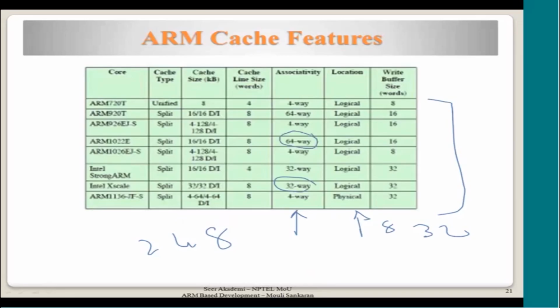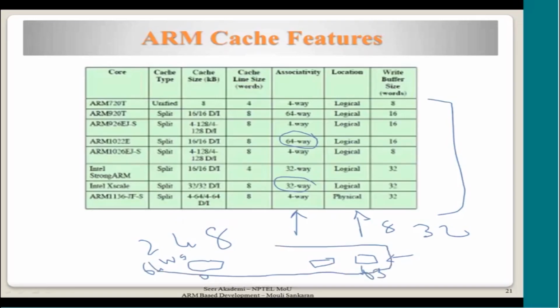That means what? Directly mapped to the cache, but inside that it could be in one of the locations. Suppose it is a 64-way cache, it could be in one of the 64 locations, 0 to 63, in the cache in that particular directly mapped line. It could be found in one of these locations.